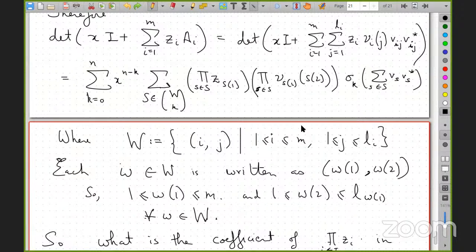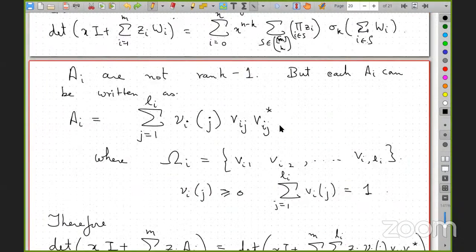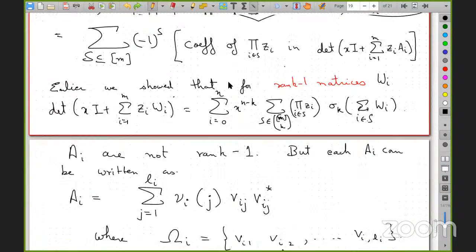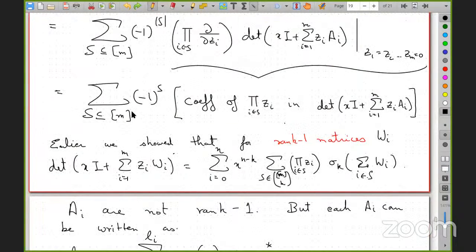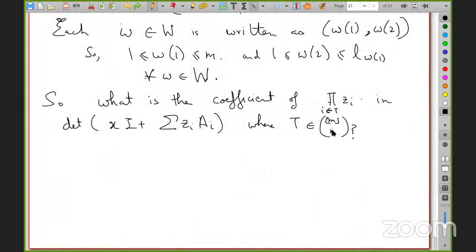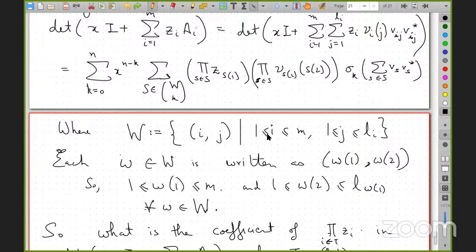First thing to notice is this thing is no more multilinear, right? So there are some non-multilinear coefficients also, but we are only interested in the multilinear ones, because those are the only ones that will appear in the final thing; everything else is just gone. So for a particular T that is a subset of m of size some k, where can it come from?